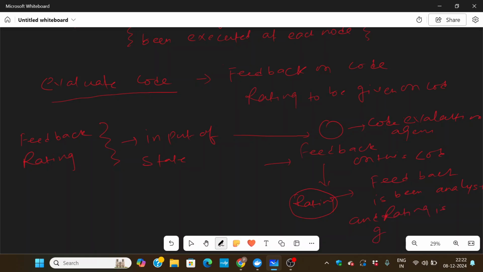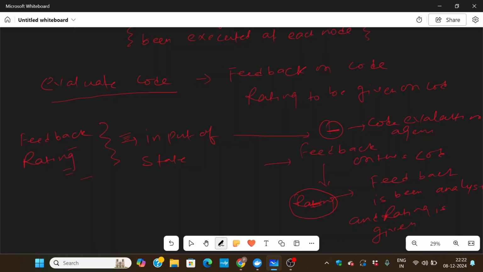So at each node we format the state. Whatever parameter or simple input we provide is put into the state.